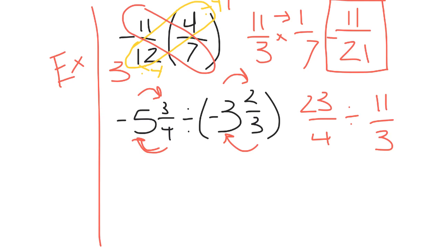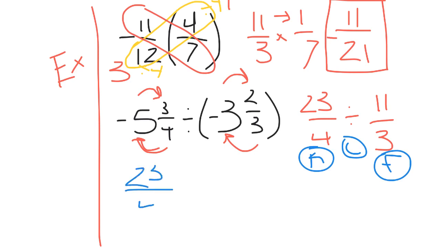Now I have to do my keep, change, flip, because it's still a division problem. So I'm going to rewrite it down here as 23 over 4 times 3 over 11, which is the reciprocal of 11 over 3, so I flipped it. Now I'm going to look at them to see if I can simplify them at all, because these are kind of big numbers.